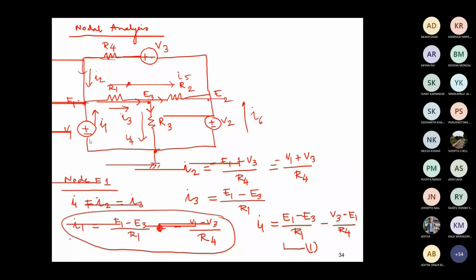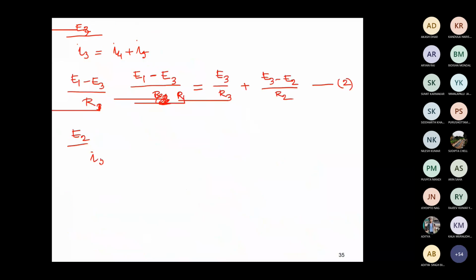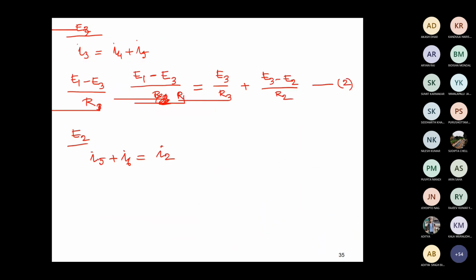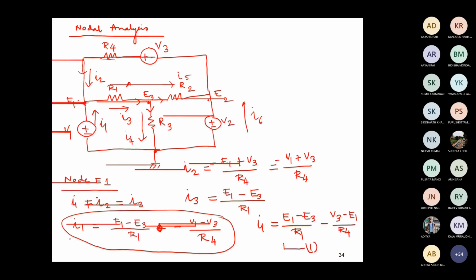So I5 plus I6 equal to I2. I6 we cannot write directly, and I5 you can write, which is E3 minus E2 divided by R2. This is I5.